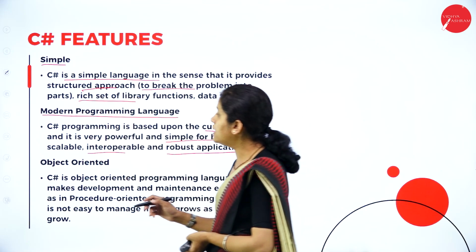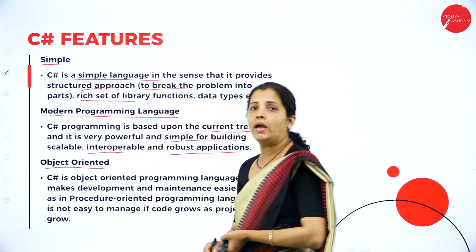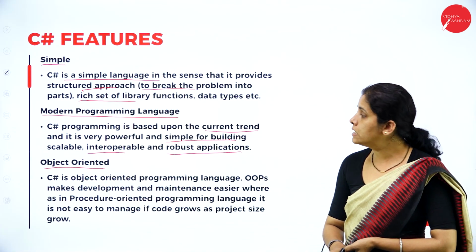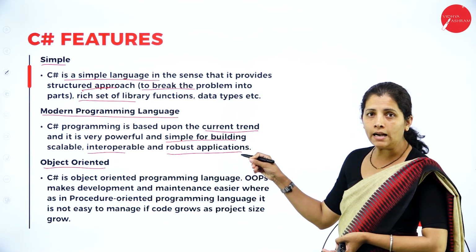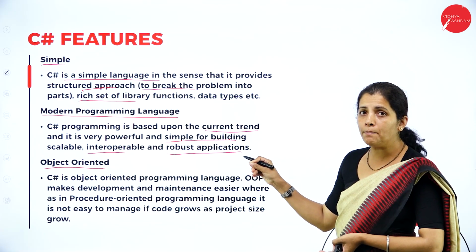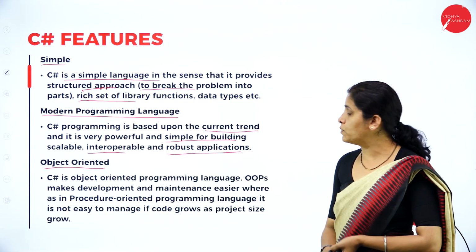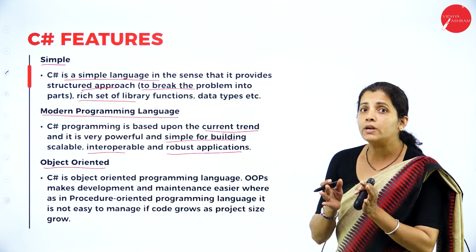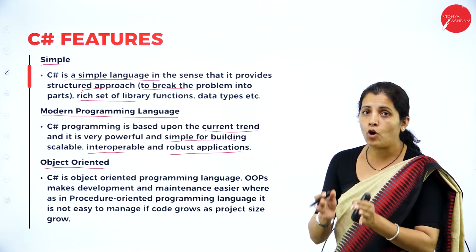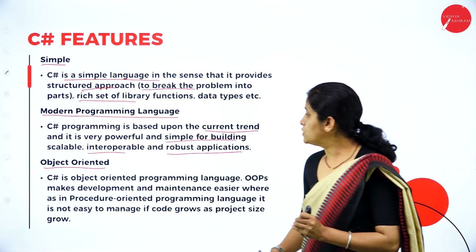Okay, fine. Then another very important feature here is object oriented. So dear student, we know that C# is an example of an object-oriented programming language. It's mainly used to represent real-world problems.